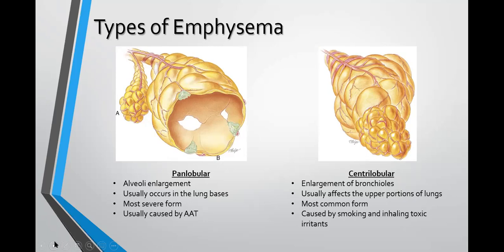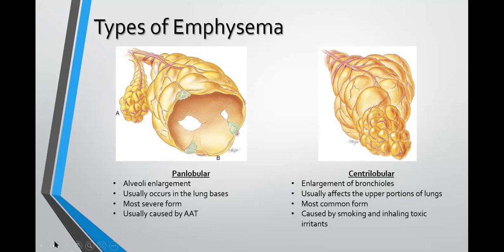Panlobar is the alveoli itself is stretched open. Yes, panlobar is the one that can happen from a low level of alpha-1 antitrypsin, and that's genetic. So if it's genetic, you got it from birth. Okay, it may not kick in until a little bit later, but it's genetic. Also, some things to understand.